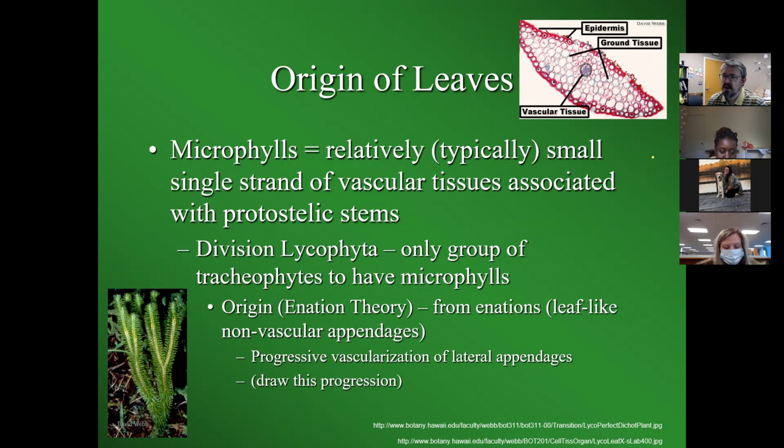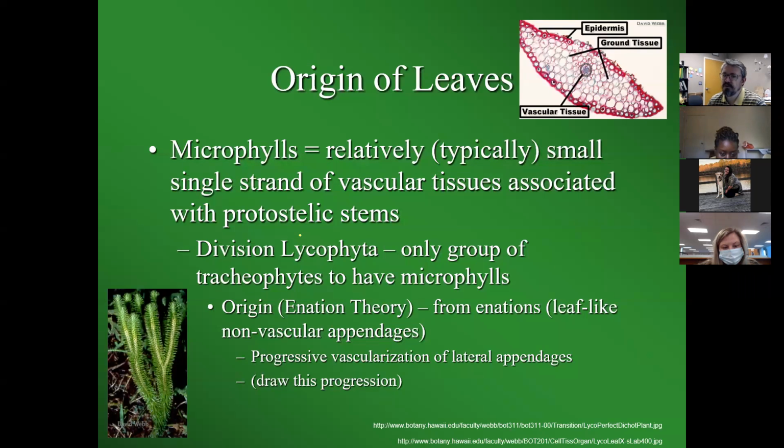Microphylls are usually very small, and they have a single strand of vascular tissue running through the middle. You can see that here. So when you look at this vascular tissue, it's protostele. No pith. We see this in the group called the division Lycophyta, which we'll go into in more detail later.